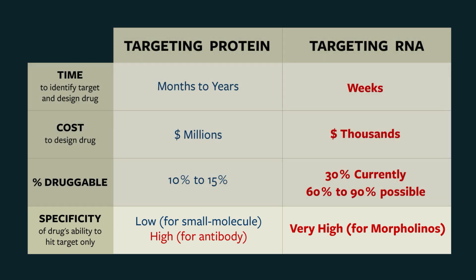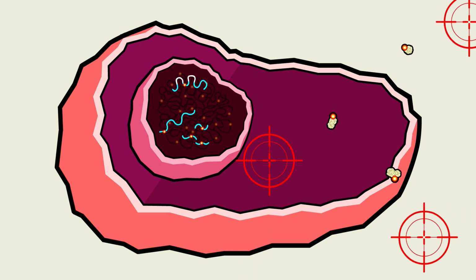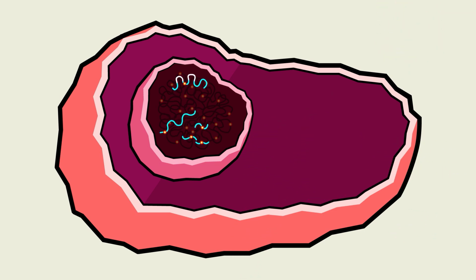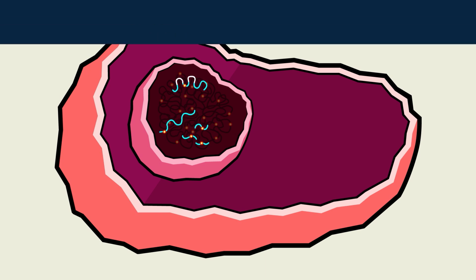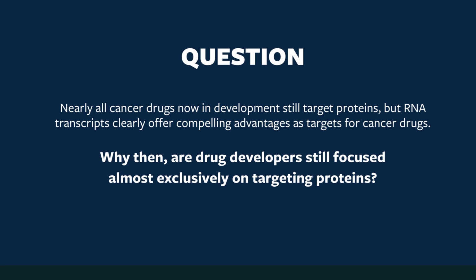In spite of these compelling advantages for targeting an RNA transcript, nearly all current cancer drug development is still focused on targeting cancer-related proteins. So here's a question. Nearly all cancer drugs now in development still target proteins, but RNA transcripts clearly offer compelling advantages as targets for cancer drugs. Why, then, are drug developers still focused almost exclusively on targeting proteins?